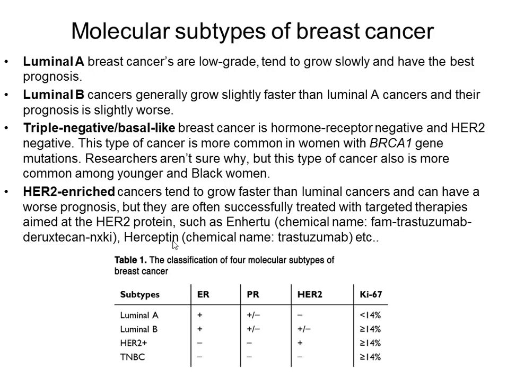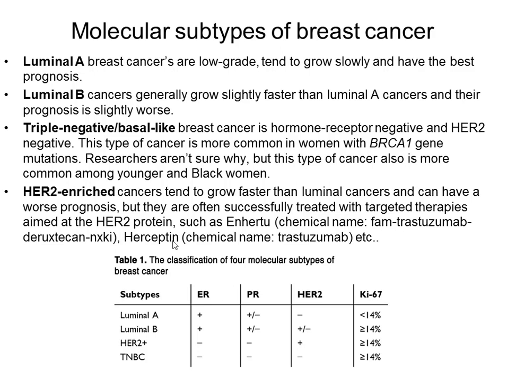very difficult to treat in these women, because if we have no estrogen or progesterone receptor, we can't use endocrine therapy. If we have no HER2 receptor, we can't use trastuzumab.